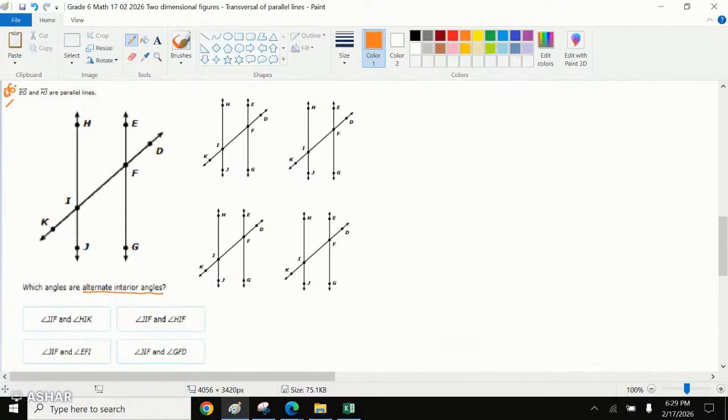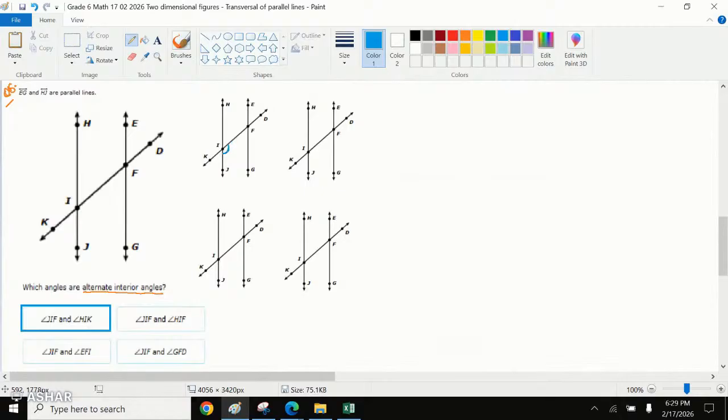So those two angles would have to be interior as well, right? They cannot be on the exterior side. Let's check the first option we have. JIF, where is JIF?